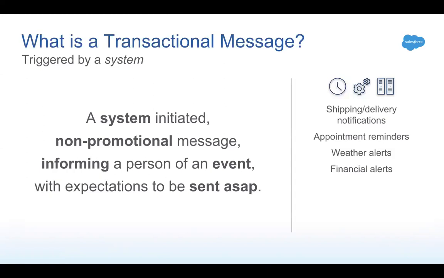From a use case perspective, this would look like weather alerts, financial alerts. You might have some morning shipping delivery notifications that would go out. And we tend to separate it between what is system versus person initiated: somebody at a point of sale versus your marketing automation, where your confirmation automation is set up to deploy a series of messages out.